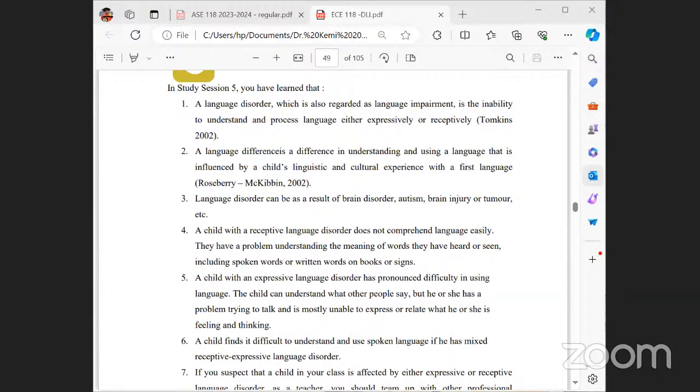So you make promises to him, that if he can do this, I will do some kind of positive reinforcement. So you apply also positive reinforcement. Okay.